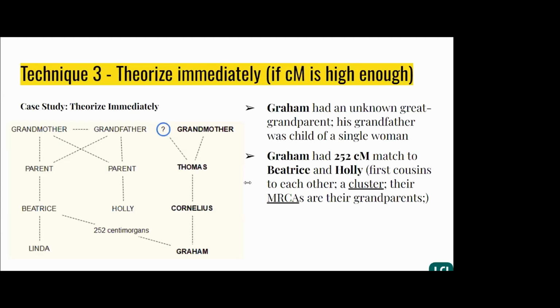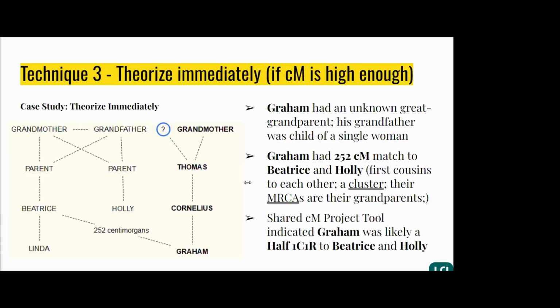So that means there was one more generation between Graham and the most recent common ancestor that he shared with Beatrice and Holly. So going back to the Shared CM Project tool, the only good possibility from all of those at first confusing possibilities was that Beatrice and Holly were Graham's half first cousins once removed, because it was the only relationship at the top of those possibilities that described a half relationship.